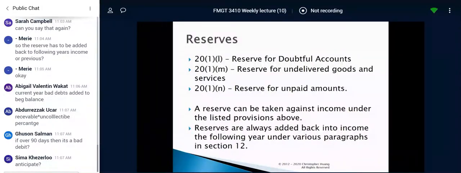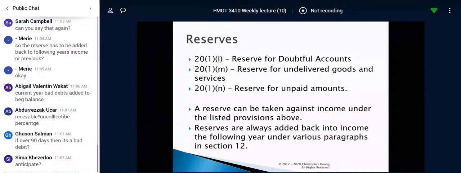You can do a general provision. Some companies say, well, on average, about 3% of our sales or 10% of our AR is uncollectible. So you can do what we call a general provision, where you don't really look at the balances, but you just do a general quick calculation and come up with your AFDA for the year. So there's a couple of ways in which you can do it.